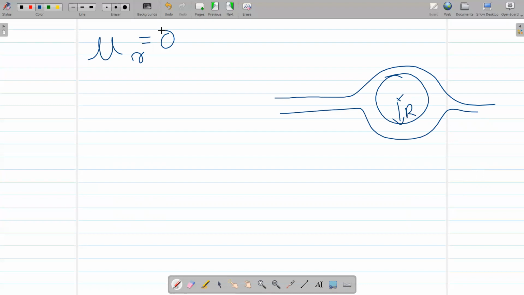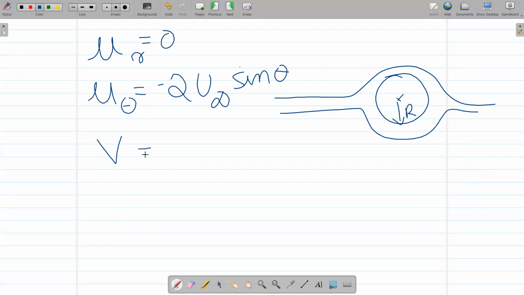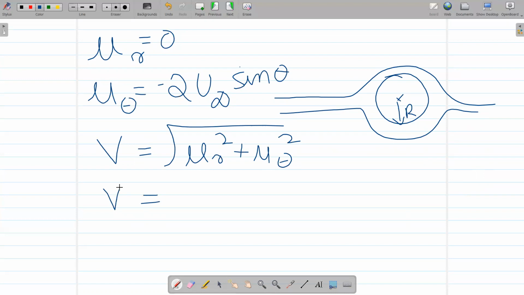And the tangential velocity is given by minus 2 u infinity sine theta. That's basically the velocity. So now, at any given point, the net resultant velocity would be nothing but the square root of the sum of squares of them, so that is ur square plus u theta square.